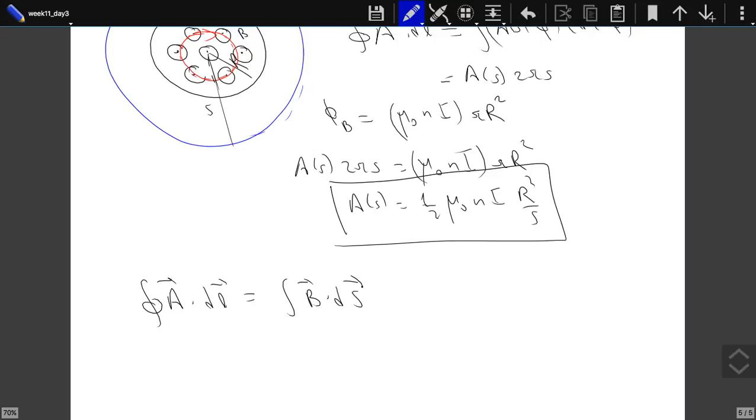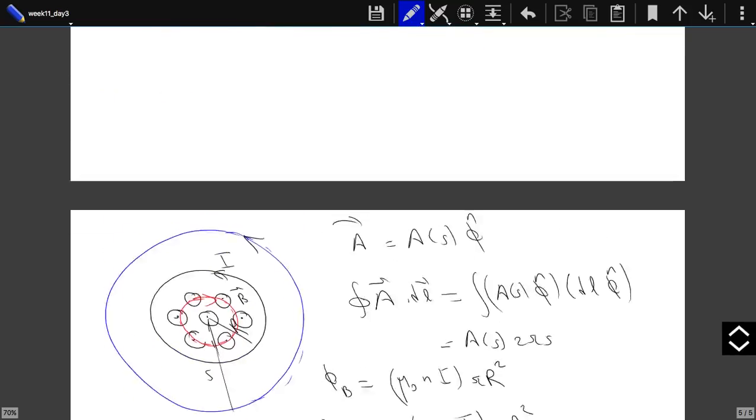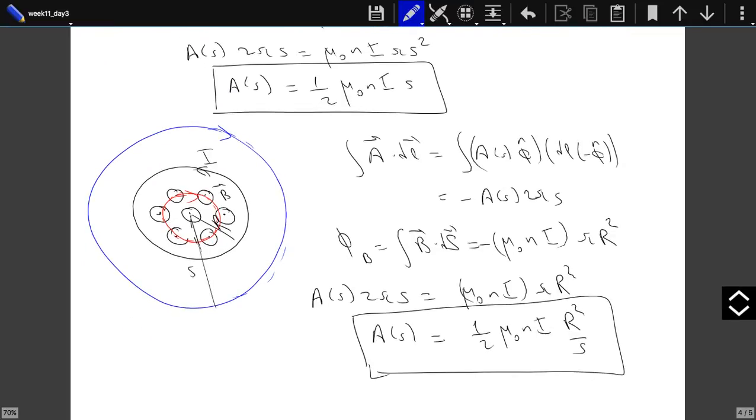In the previous case, ds was in the minus z direction, because the sense of the loop tells us what should be the sense of my area, or the sense of my area tells me what should be the sense of my loop, by the right-hand rule.